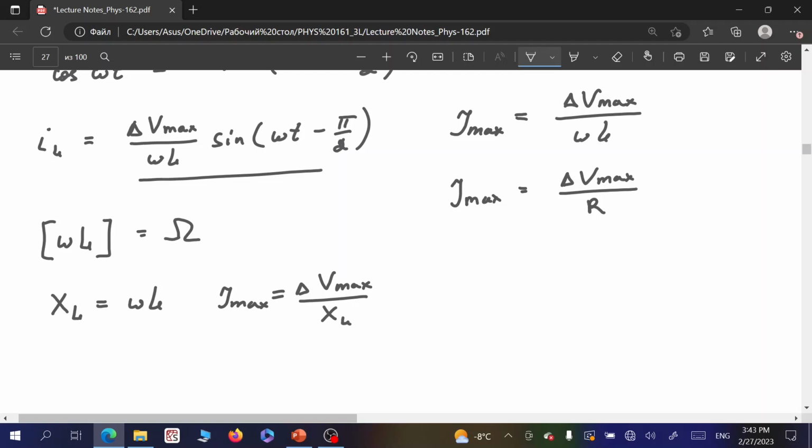The opposition for AC current in such an electric circuit which has inductor is represented by reactive resistance. So we introduced this parameter. We see that this is a frequency dependent parameter. Its units are the same, ohms, as units for active resistor.